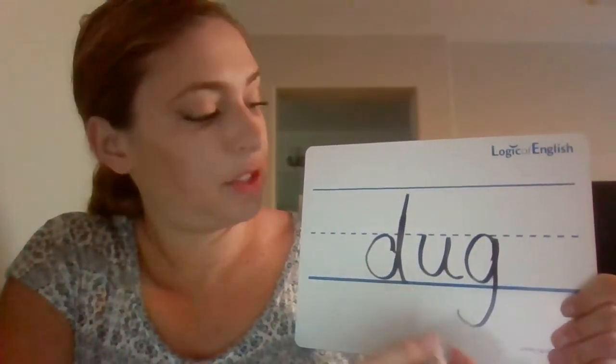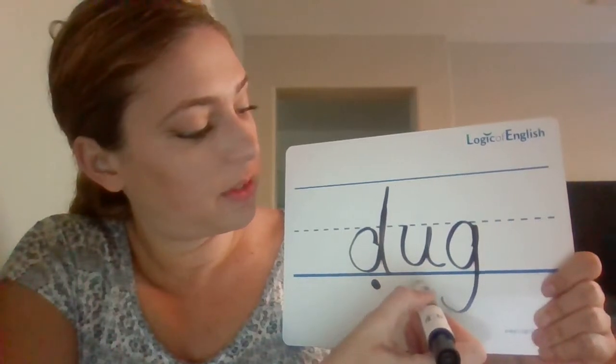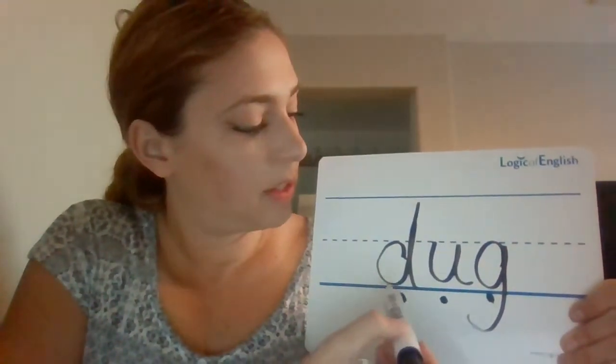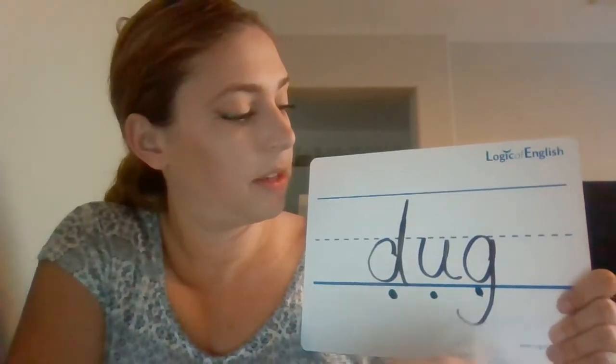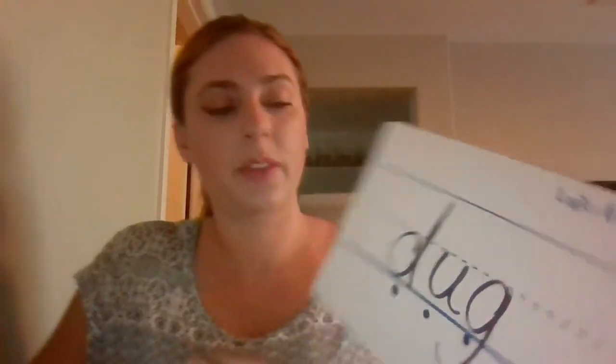This time, as you write it, you're going to put a dot under each letter with the sound. D, g, dug. We see that? Good, friends. Good.